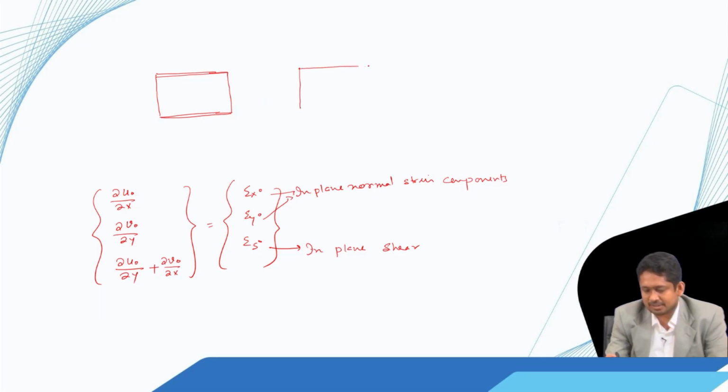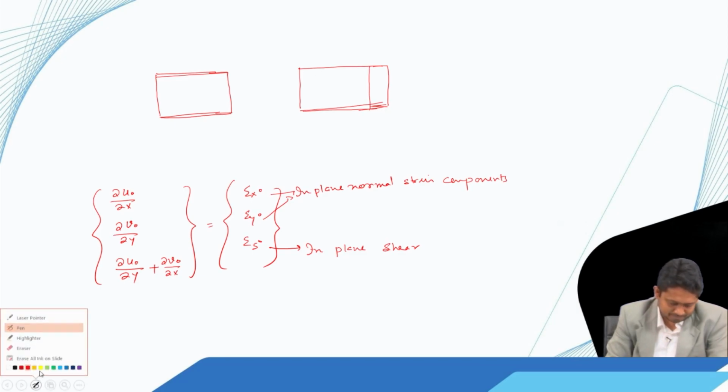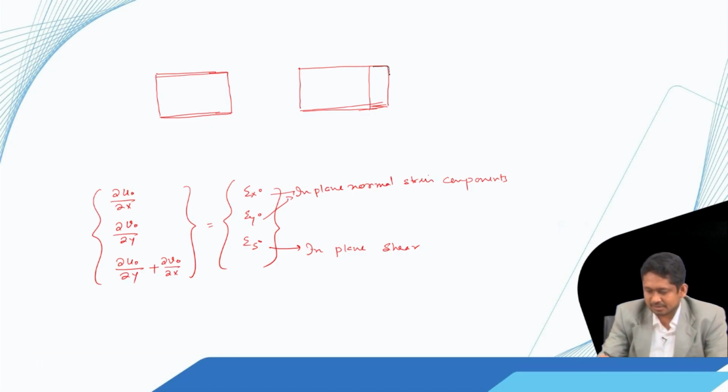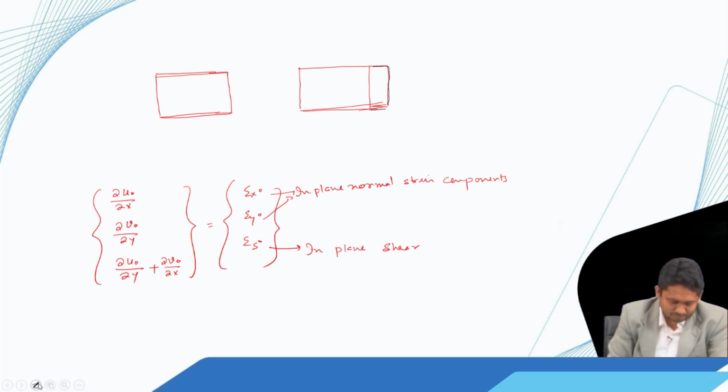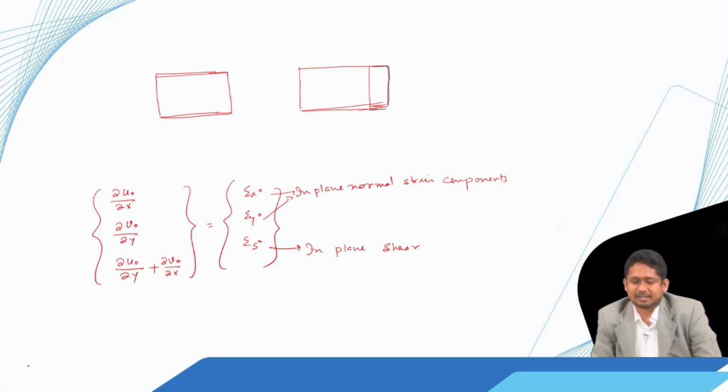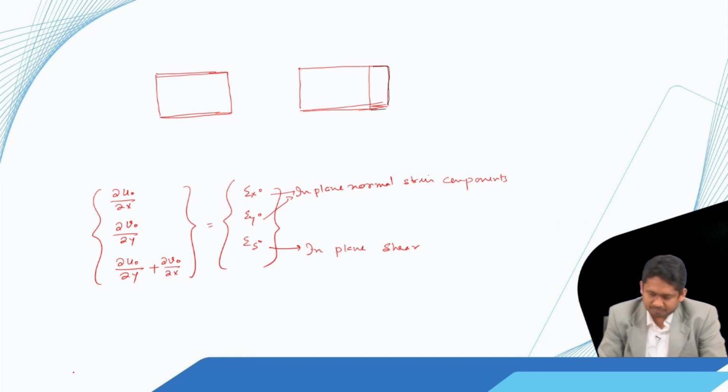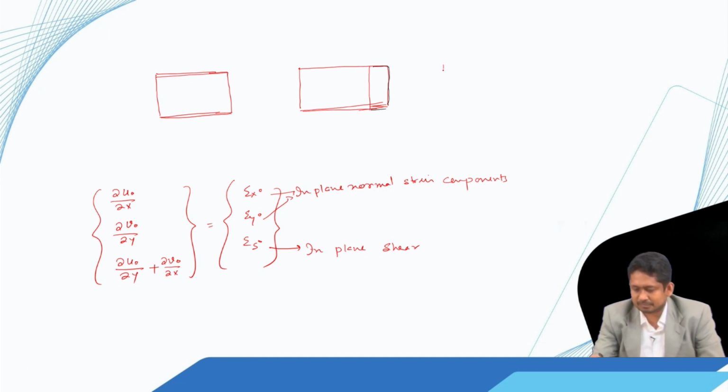An in plane normal strain means just an extension along x direction. If this was the original length, after deformation we get this as the deformed length. So, there is uniform in plane extension, or this can be a contraction also. When it is positive we call it extension, when it is negative we call it contraction.